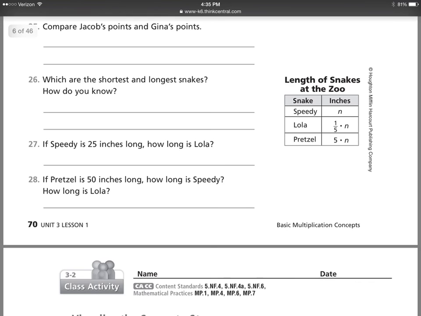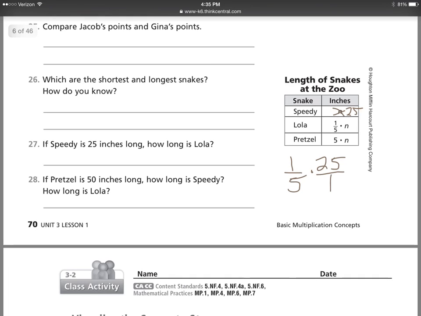If Speedy was 25 inches long, then we could just take out this n and plug in the actual number of 25 inches. The question asks, how long is Lola? Well, Lola is 1/5 of whatever Speedy was, so that's 1/5 of 25 inches. Remember that we do not multiply using whole numbers. We change them to improper.